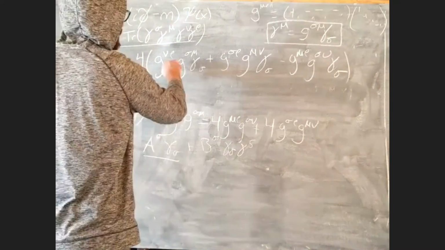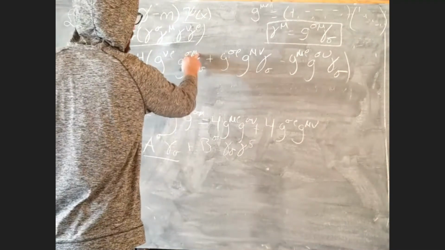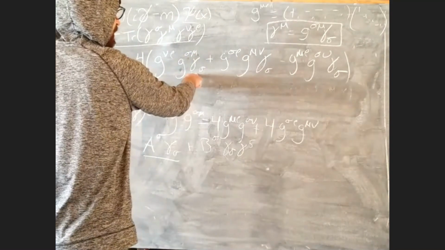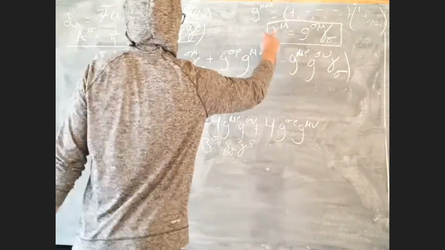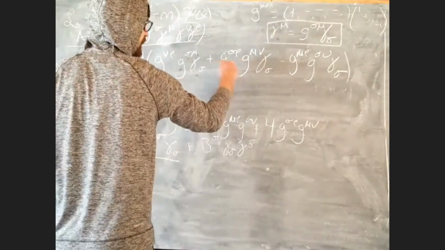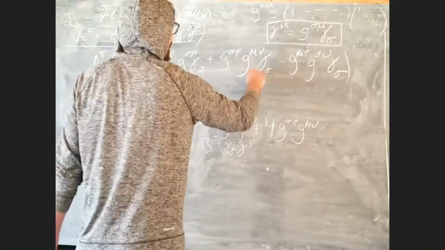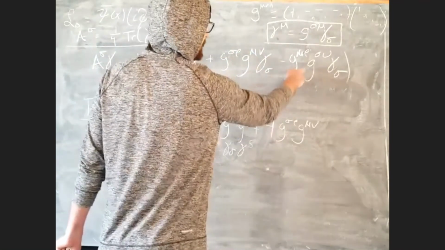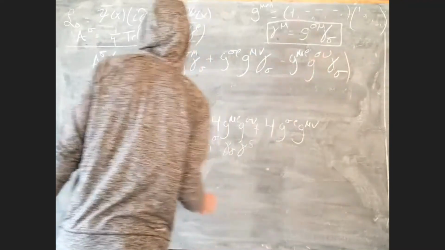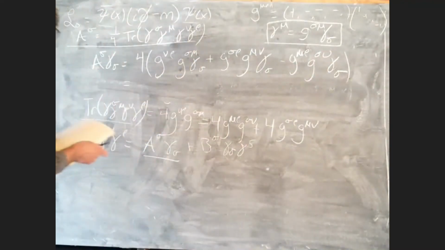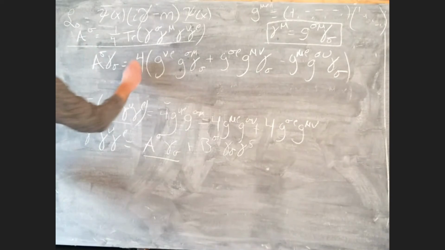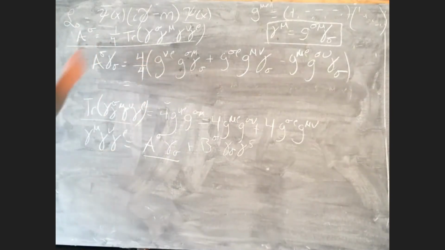So this G sigma mu times gamma sigma can be rewritten as gamma mu. These are numbers, so we can just switch them. This can be rewritten as gamma rho. And these can be rewritten as gamma mu. So let's rewrite that, and oh, this is a fourth, so we should divide this by 4 because there's a 4 there.